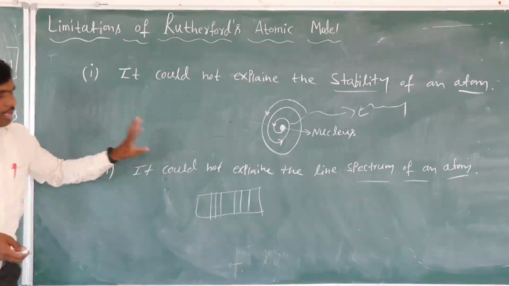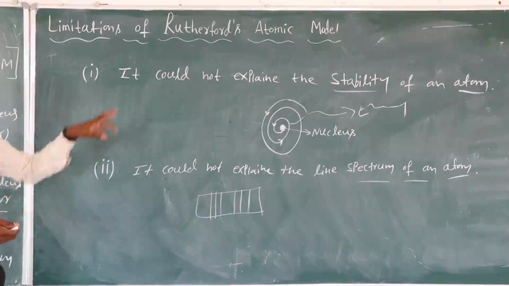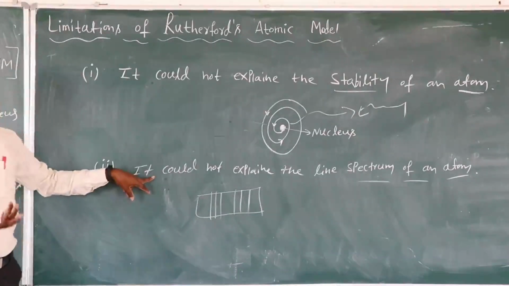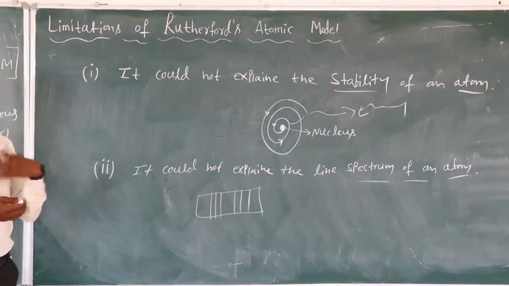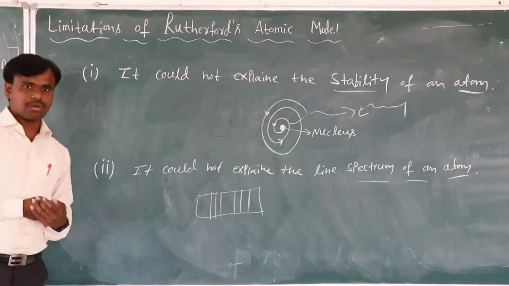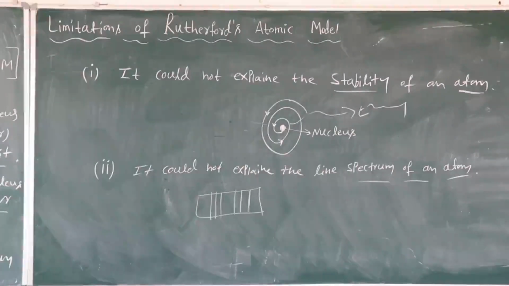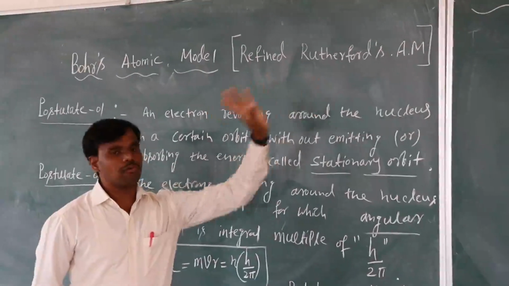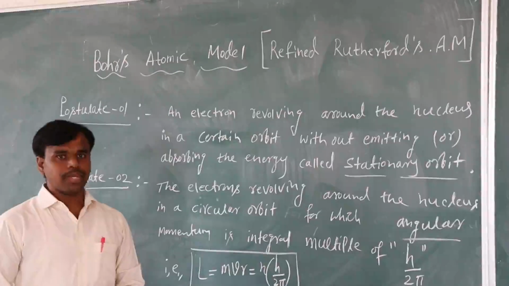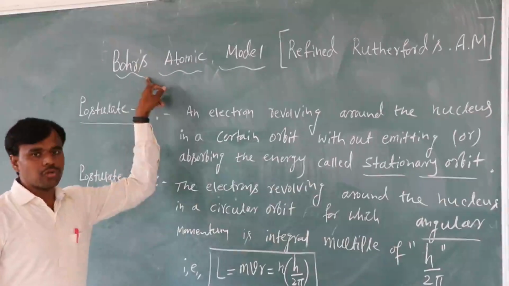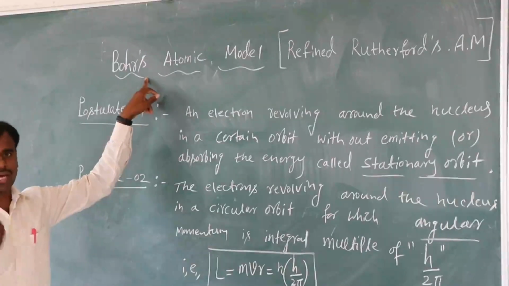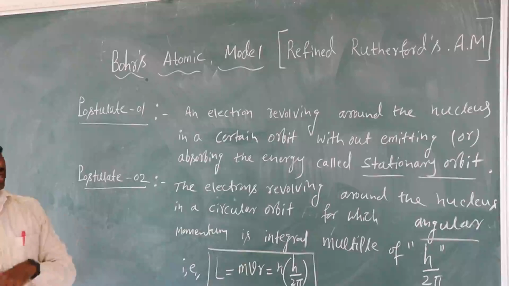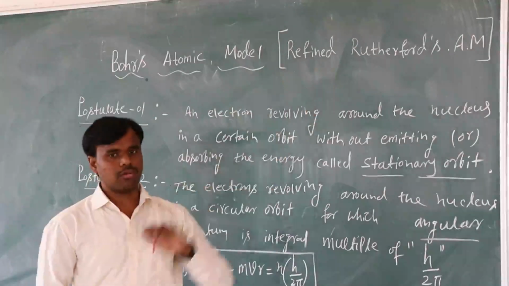In order to overcome these two limitations, Bohr proposed his atomic model, that is the Bohr atomic model. It is also called the refined Rutherford atomic model because Bohr applied Planck's quantum theory to the Rutherford atomic model.